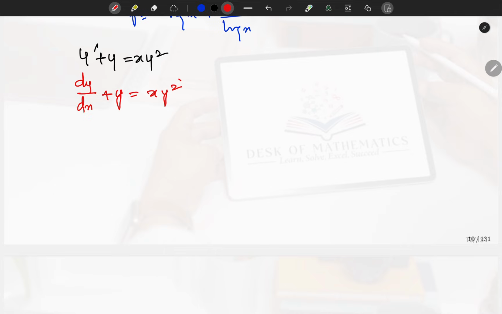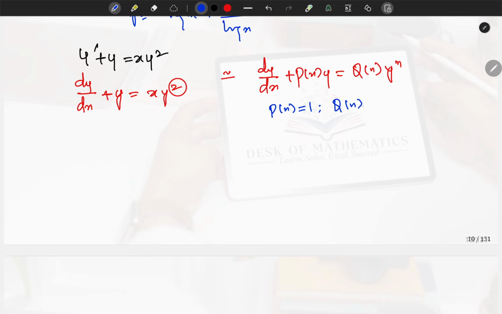You have seen that on the RHS you have y square, meaning y raised to the power n, so you can compare it with dy upon dx plus p of x times y is equal to q of x times y raised to the power n. So here n is equal to 2. Now your p of x is 1, your q of x is x, and your n is equal to 2.